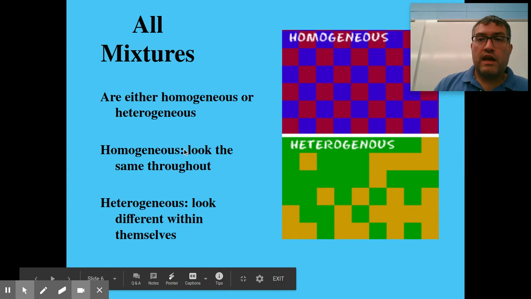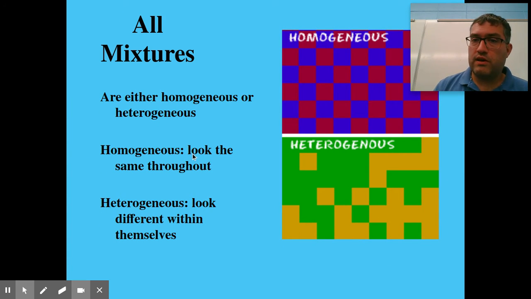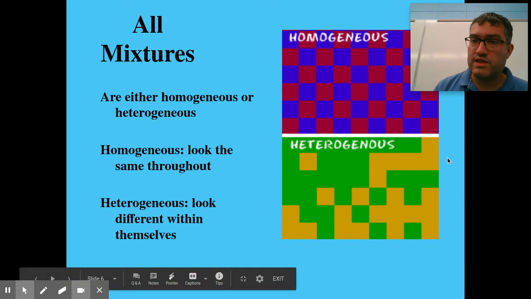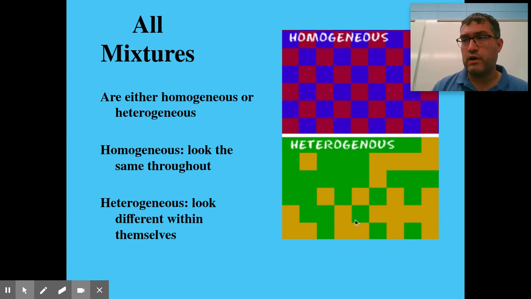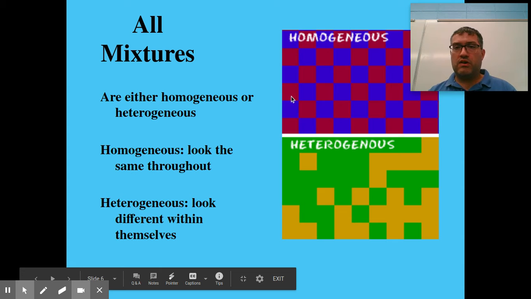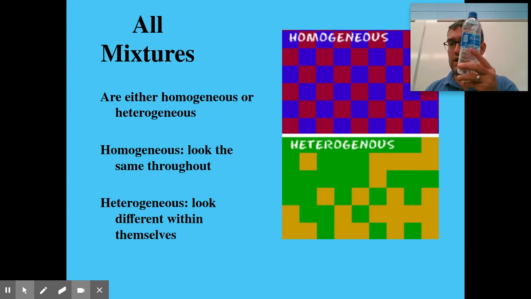As far as mixtures go, we can also classify them as being homogeneous, which means that it looks the same throughout, or heterogeneous, it looks different throughout. You have visible differences. So an example of a homogeneous mixture, if I were to take my water bottle here, look in the water, there are dissolved salts in here, minerals, because it comes from a spring or tap water or city water.